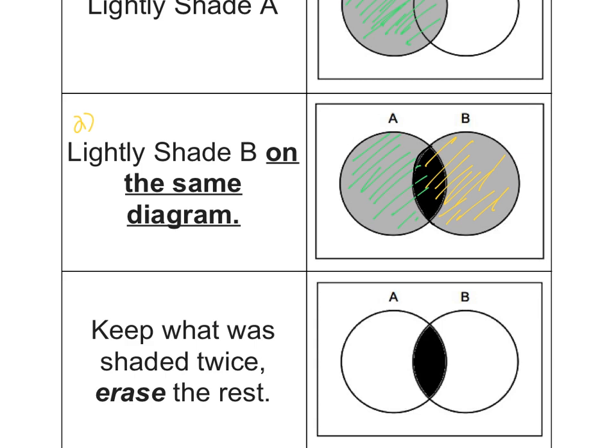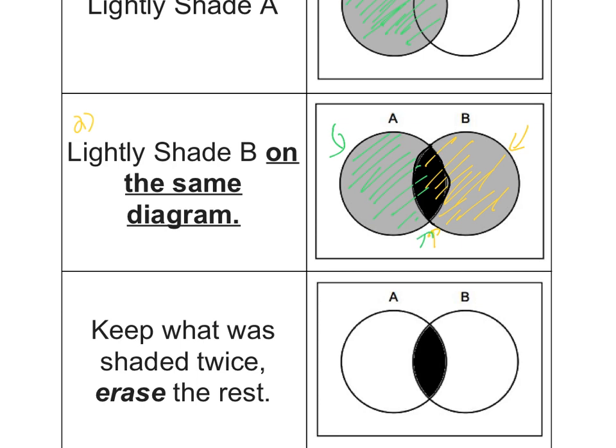You should note that this part in between A and B, which is darkened on the diagram that I've created, was shaded twice. There's a part in set A that was only shaded once. There was a part in set B that was only shaded once. And then there was this part in the middle that was shaded twice.